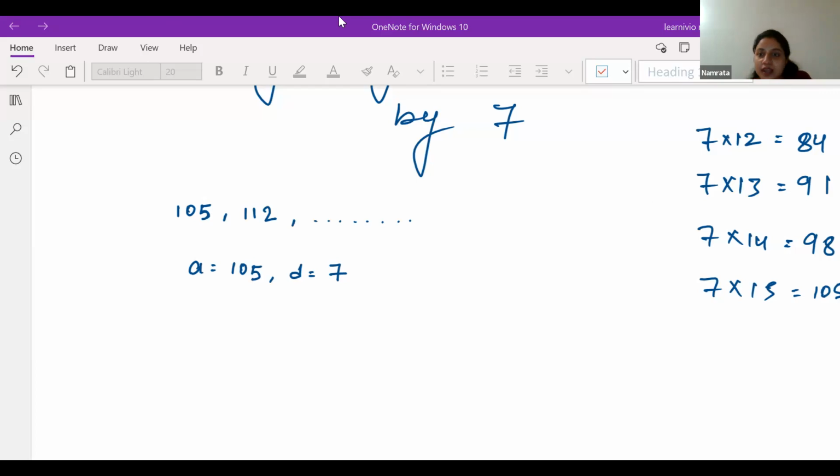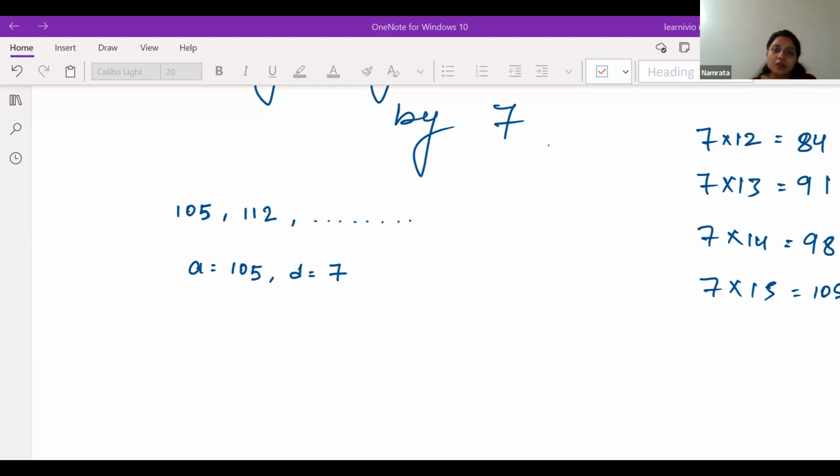Yes, we have to find the nth term, right, Jaslyn? So how can we find the nth term? If I am writing an is equal to a plus n minus 1 into d, what is n over there? That we don't know, right? And what is an over there?